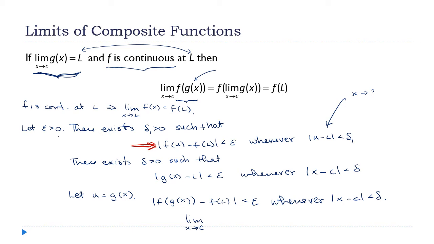So this is saying f of g of x approaches f of L. Excuse me, not approaches, equals f of L. And that's what I wanted to show. That was what I was trying to show.